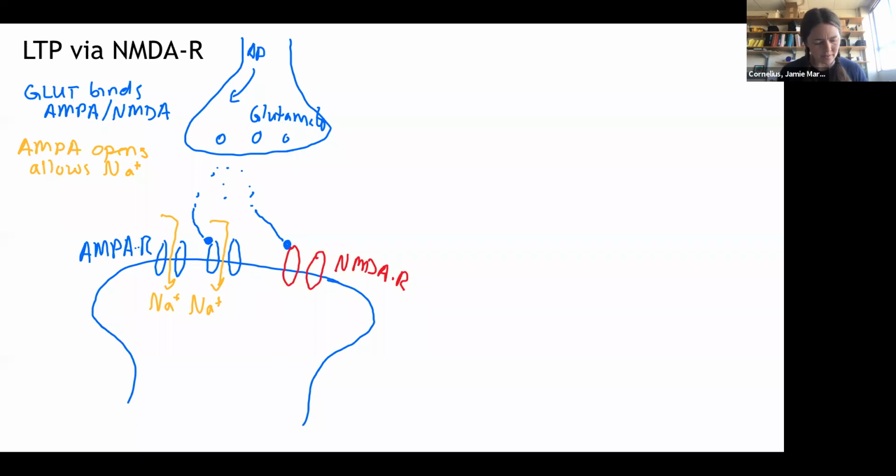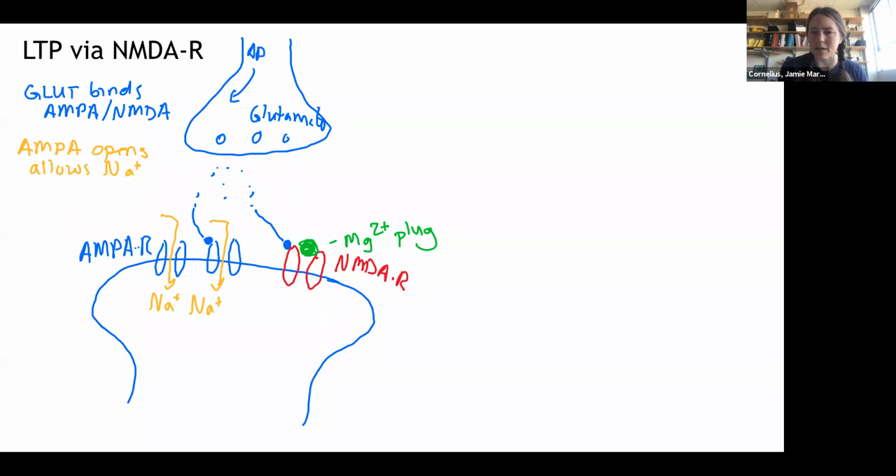I'm going to draw something in. Okay, so if you get a little bit of sodium entry, then that might not be enough of a depolarization event to kick out that magnesium plug I just drew in the NMDA receptor.